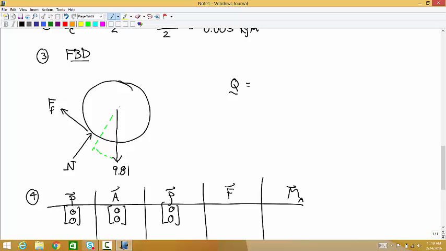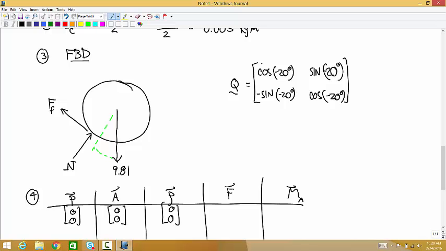Negative 20, yeah. Not in this case, because you don't do that. You go from the original one to the rotated one.